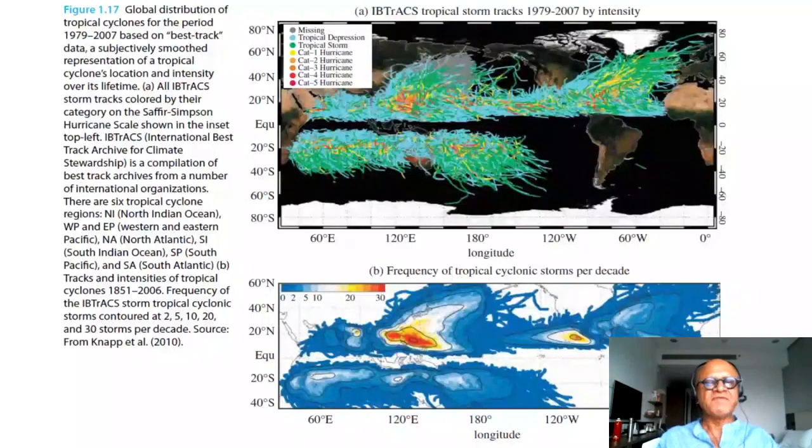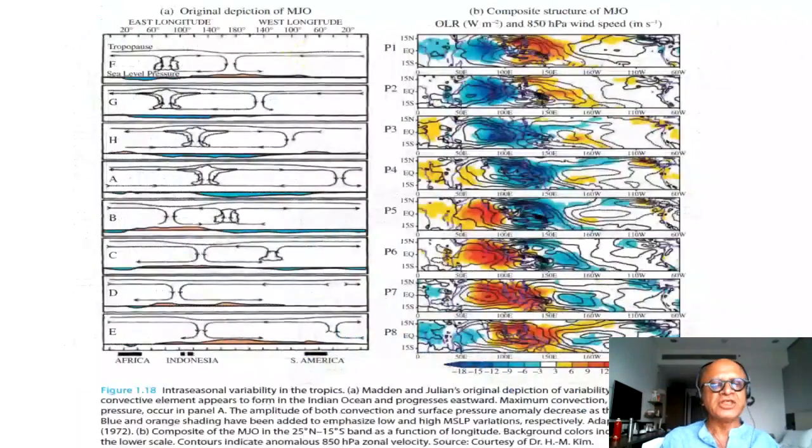Okay, that's kind of a very brief introduction. The other time scale we will look at in more detail is called the intraseasonal time scale that I already mentioned. The Madden-Julian oscillation is the most prominent intraseasonal feature. The monsoon intraseasonal oscillation is the other one.